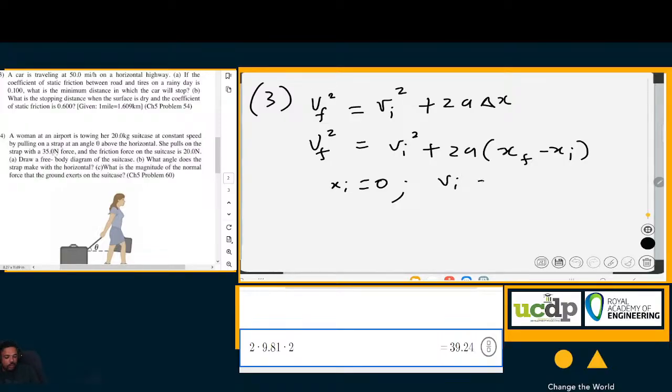V initial is 50 miles per hour. We have that 50 miles per hour is 22.4 meters per second. You can check this.